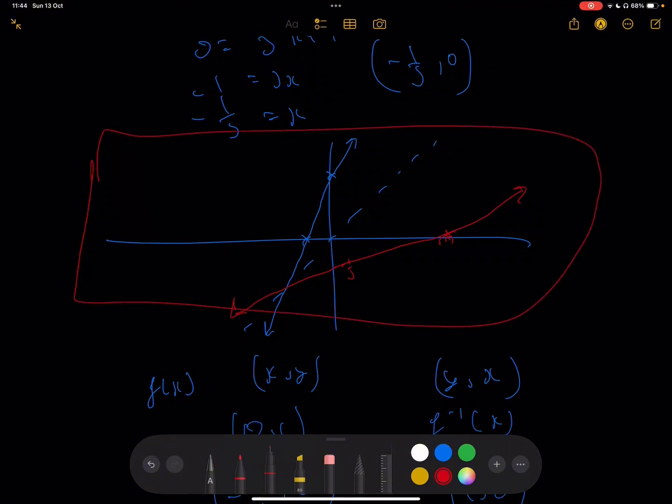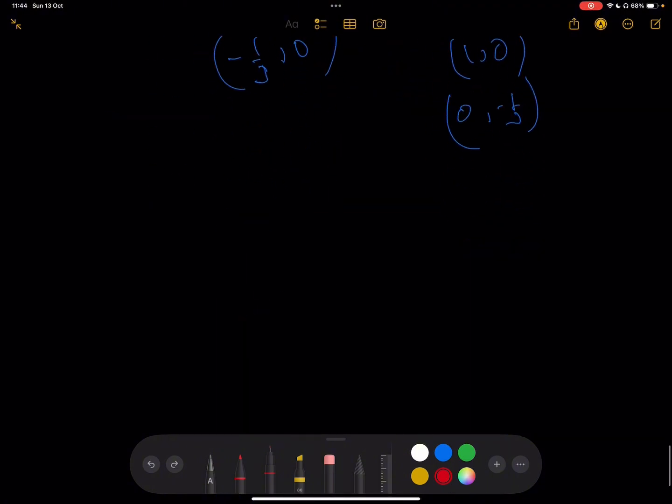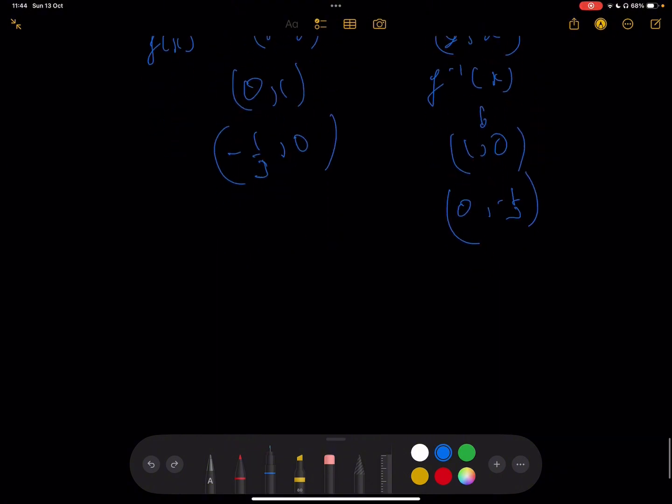Right. So how would we do it using the gradient? Using both the gradient and coordinate geometry, we know that y is equal to f inverse of x, and this has the gradient. We know that the gradient is changing y over changing x, so we can just pick 2 points.